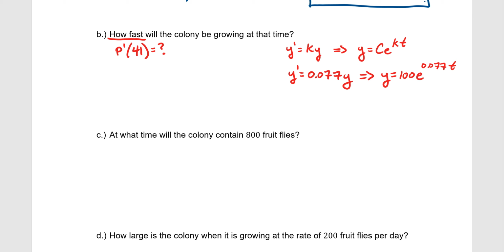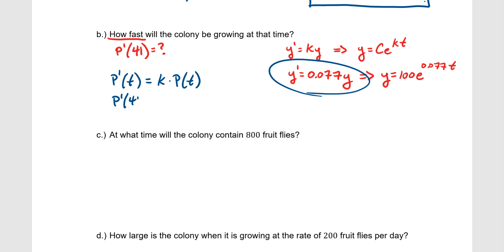So we could use this right here, and we could say that P prime of t equals k times P of t. So that means P prime of 41 equals k, which is 0.077, times P of t, which is P of 41.